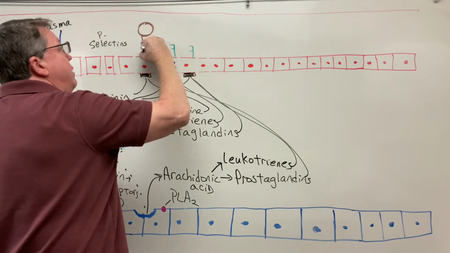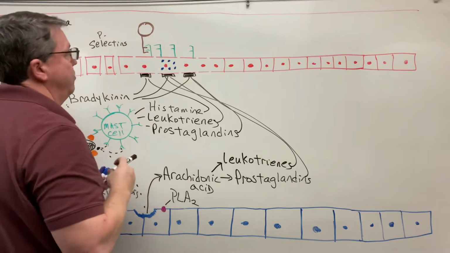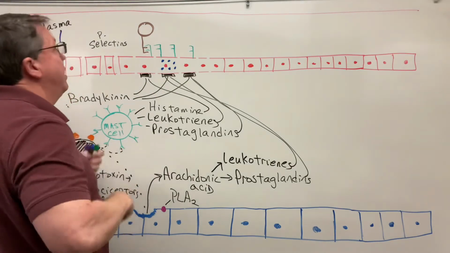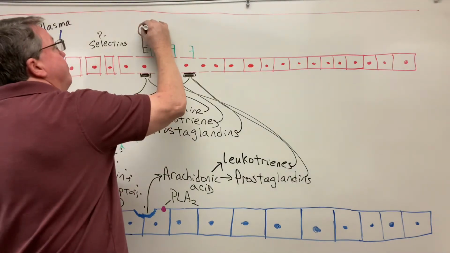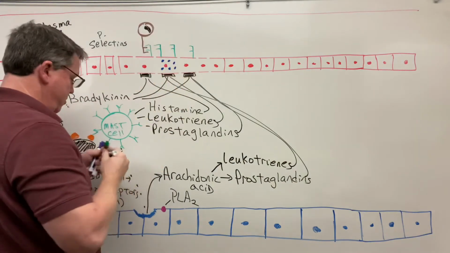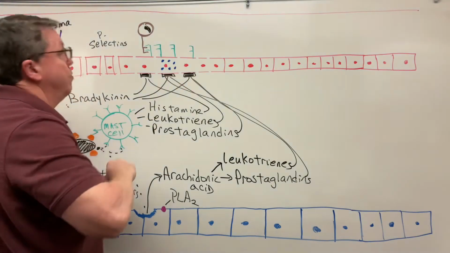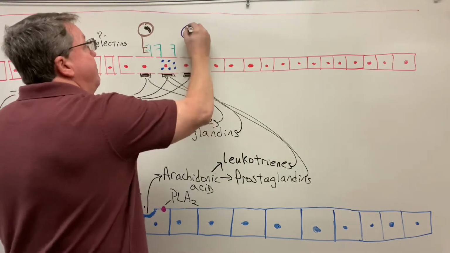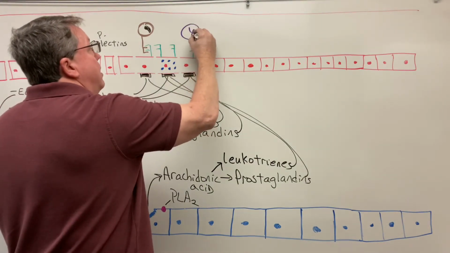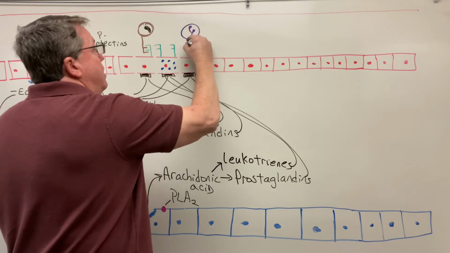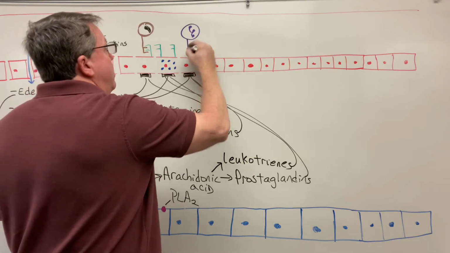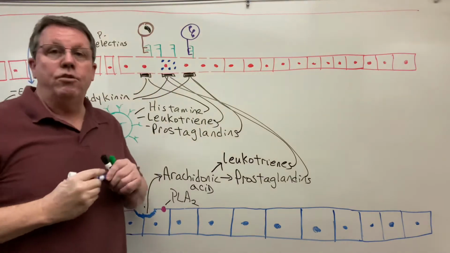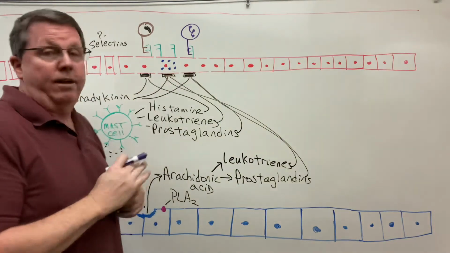And you have neutrophils, among others. So this is going to be my monocyte right here. This is going to be, let's go purple, my neutrophil. And if you notice, on the bottom of these, they have receptors that attach onto these selectin proteins here, right?